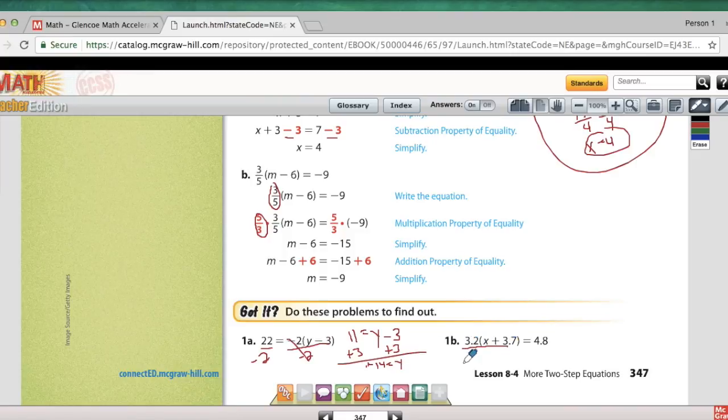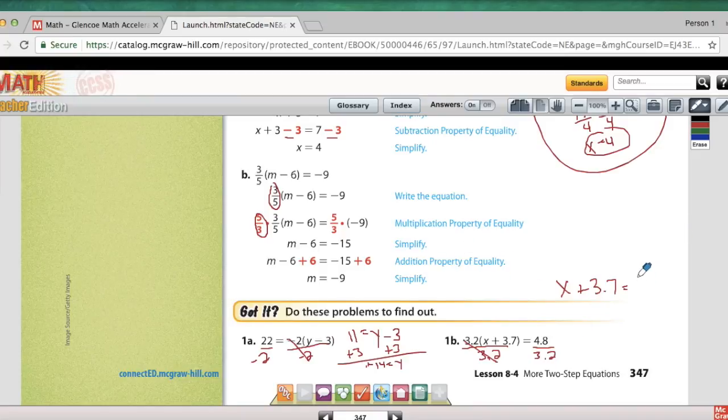On 1b, divide by 3.2, divide by 3.2, and I get x plus 3.7 equals 4.8 over 3.2.